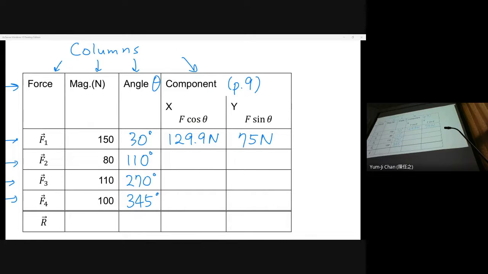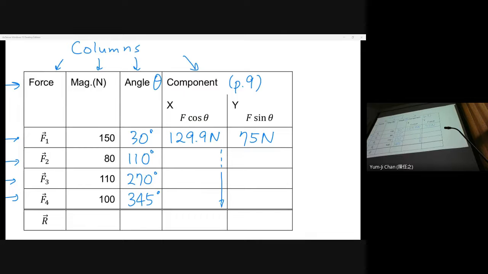I will leave the rest for you to fill in at home by reading the book, or you simply use a calculator and do the rest.